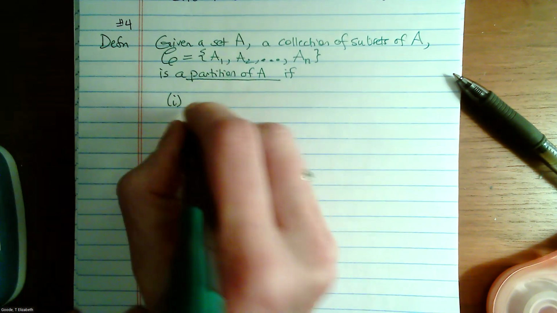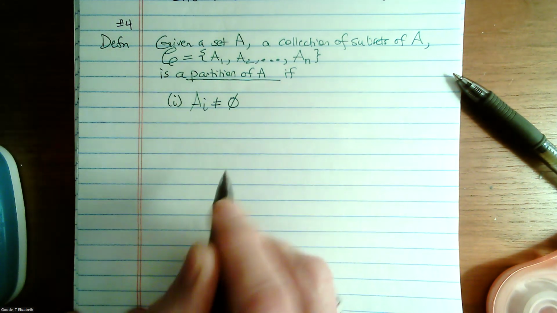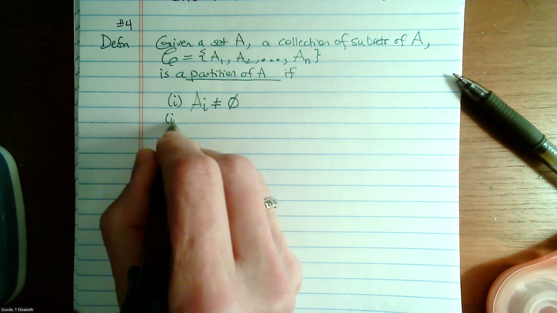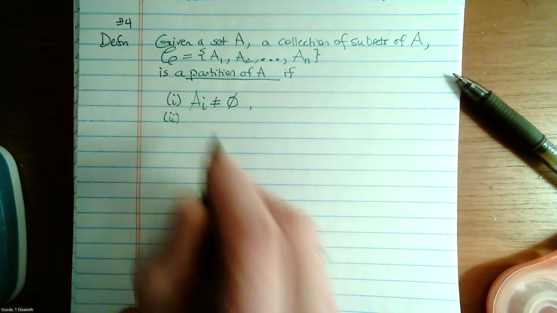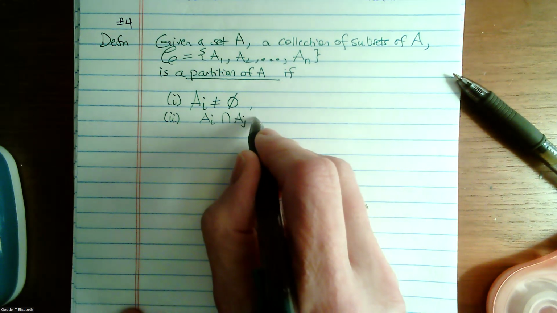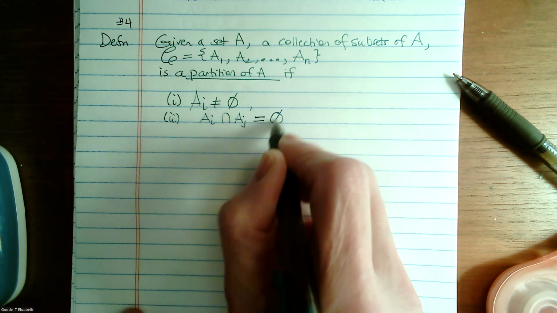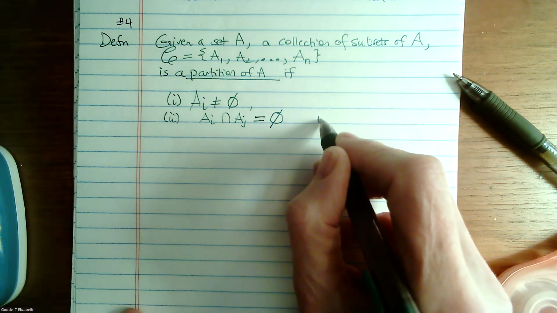A sub i is not an empty set. So you don't want any of those subsets to be empty. Good. Two, A sub i intersect A sub j, both not being an empty set. No, their intersection is the empty set.